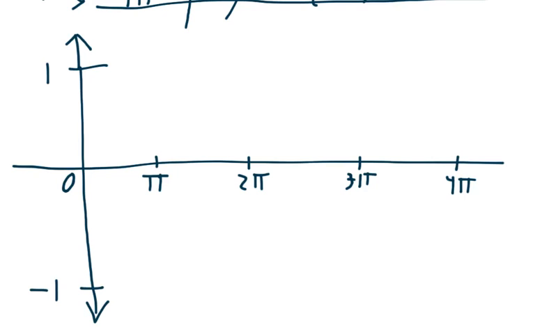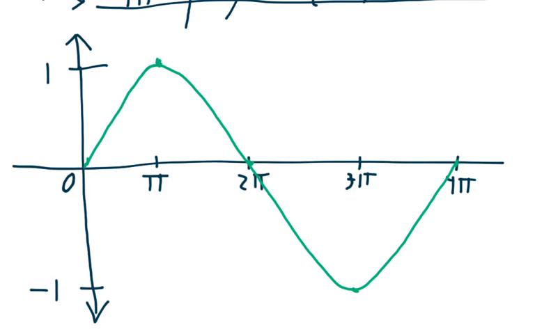So now we know at 0 we get 0, pi we get 1, 2 pi we get 0, right? Notice the pattern. 3 pi we get negative 1, 4 pi we're at 0. We plot it, right? Connect the dots, so to say. And we get one full cycle of y equals sine of x over 2. So that's one cycle of this function.